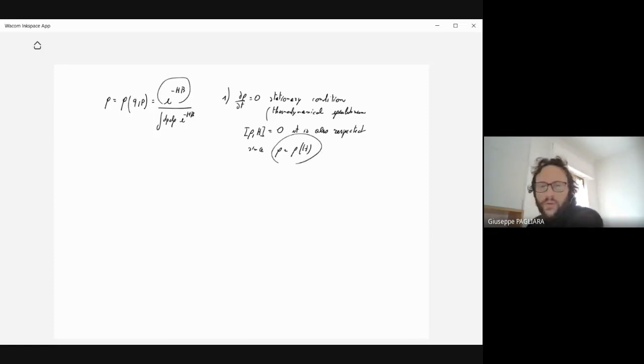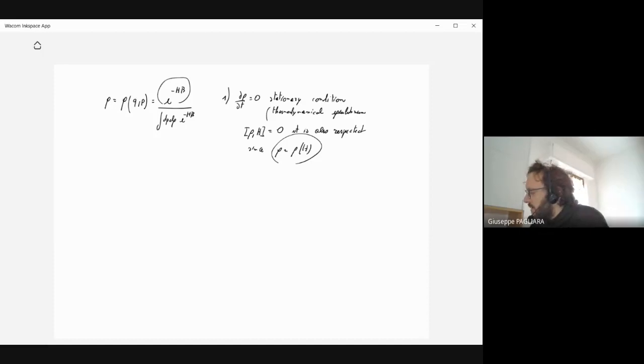since rho is just a function of h, as you see from here. And therefore, if you do the Poisson bracket between h and a function which is just a function of h, then you can show by doing the exercise that the Poisson bracket is equal to 0, just because rho is a function of h. So when you derive rho with respect to p and q, you just make a chain rule, and then you will see that the result is equal to 0.